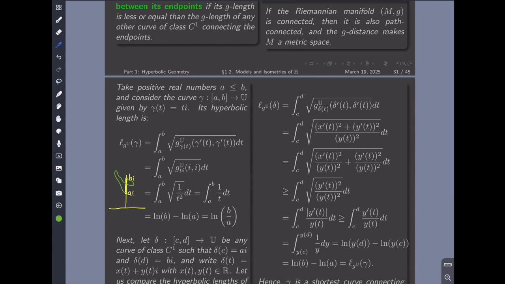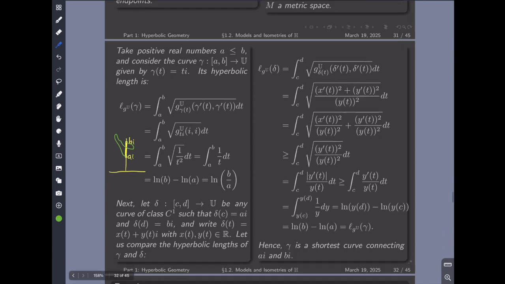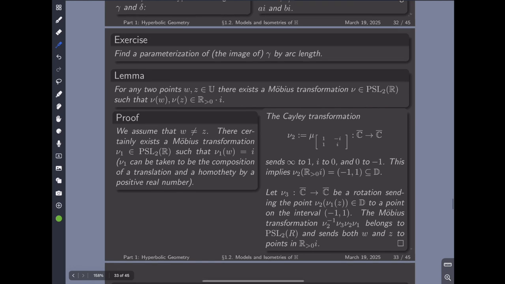So now it suffices to transport the shortest curve that I already found through PSL2R, through the Mobius transformations that preserve U bijectively. But how can I do that?